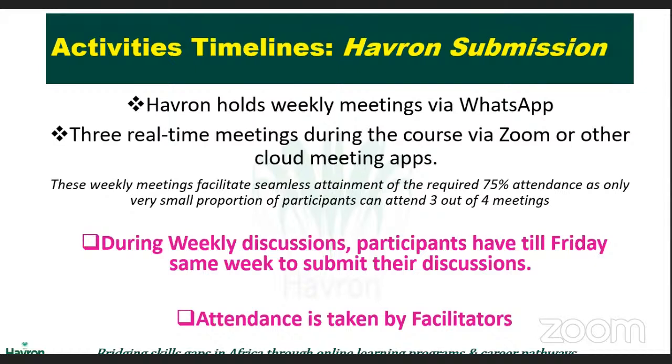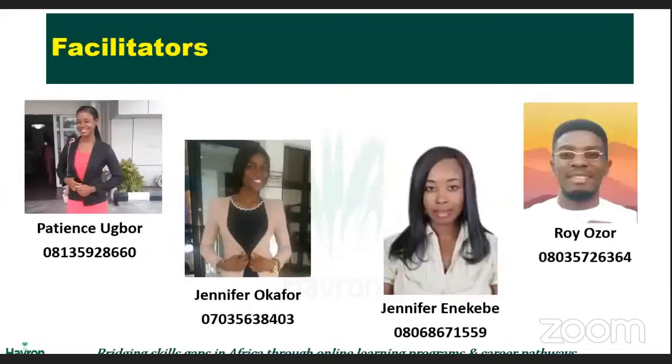You submit your discussion. And as you are submitting your discussion, you are writing your name, because not all the facilitators have your numbers. So they need your name attached to your submission to record your attendance. And the attendance, like we say, is taken by the facilitators.